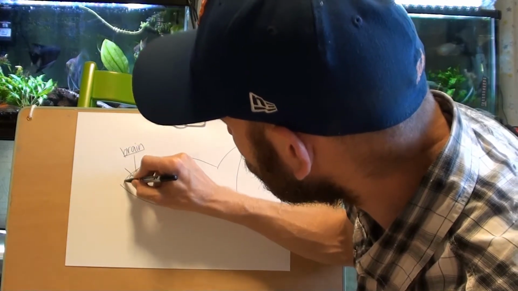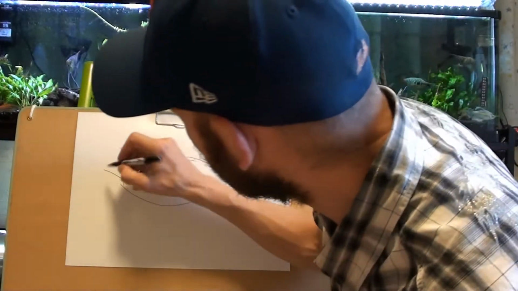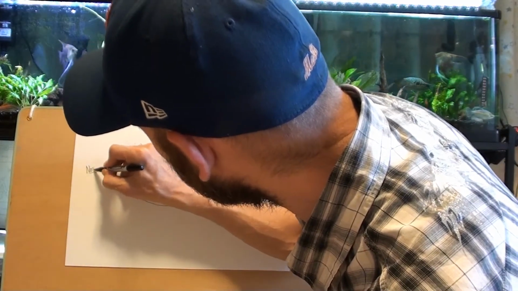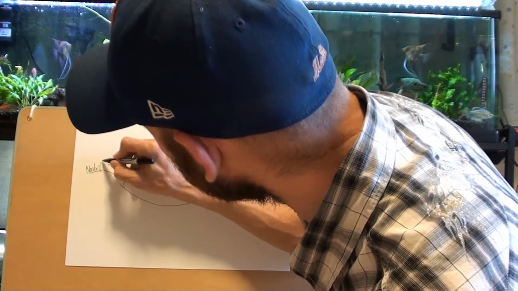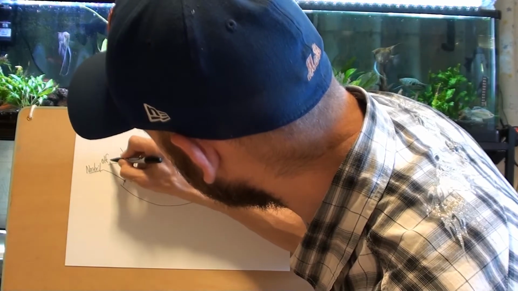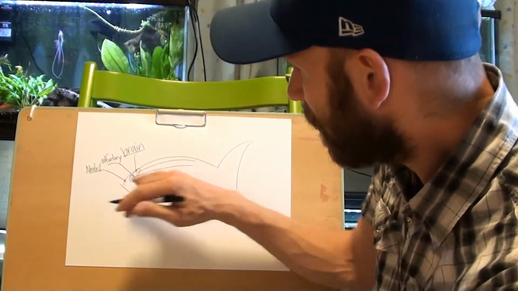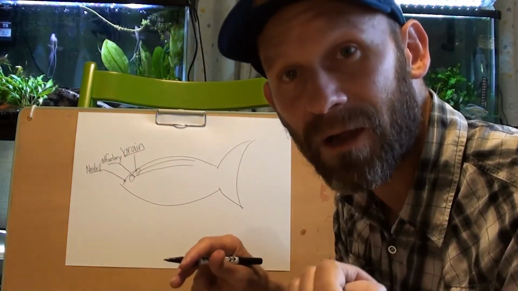The nostrils, we'll say the nostrils and the olfactory. The nostril area, and the olfactory. Olfactory is what allows the fish to smell.